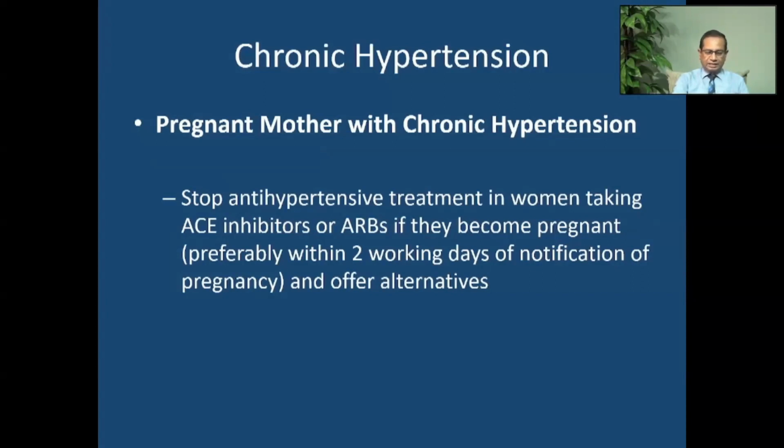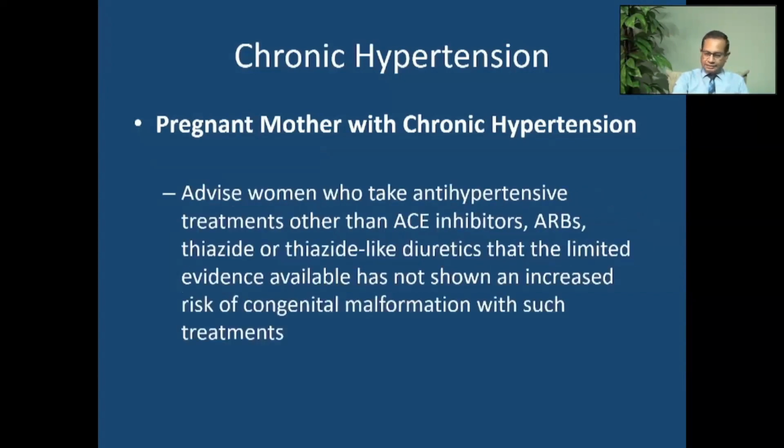If the patient is on ARBs or ACE inhibitors, you need to stop the antihypertensive treatment, preferably within 2 working days of notification of pregnancy, and offer alternative treatments. And as I said earlier, apart from the ACE inhibitors, ARBs or thiazide-like diuretics, the other antihypertensive medications won't show much of a problem in continuation.